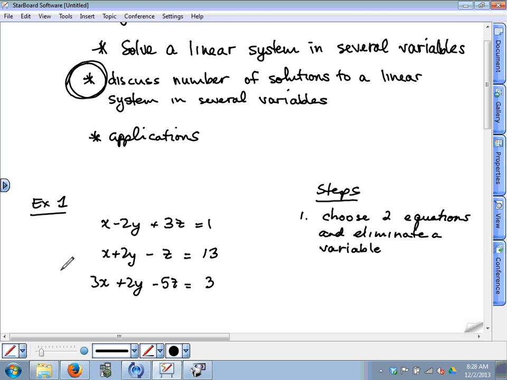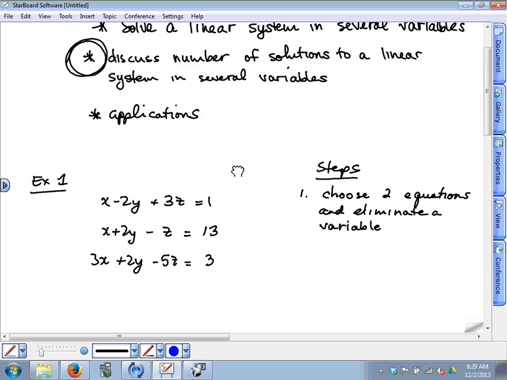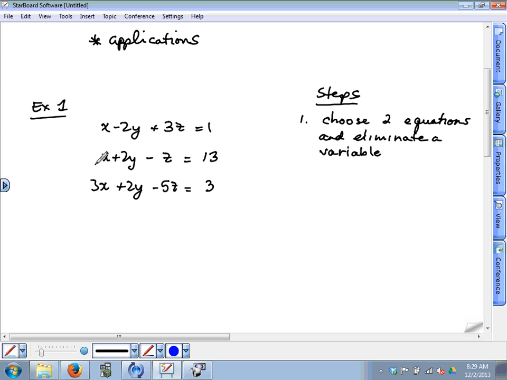So just considering the system of equations, which two equations would you want to eliminate one variable from? There's one obvious choice here. If we choose the top two equations, without having to do anything, the two y variables will cancel. We have negative 2y and positive 2y right here. So for step one, I'm going to choose the top and the bottom one. X minus 2y plus 3z equals 1.